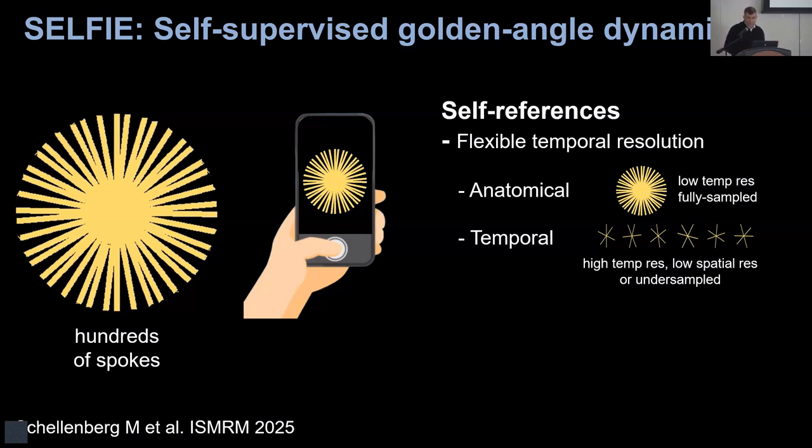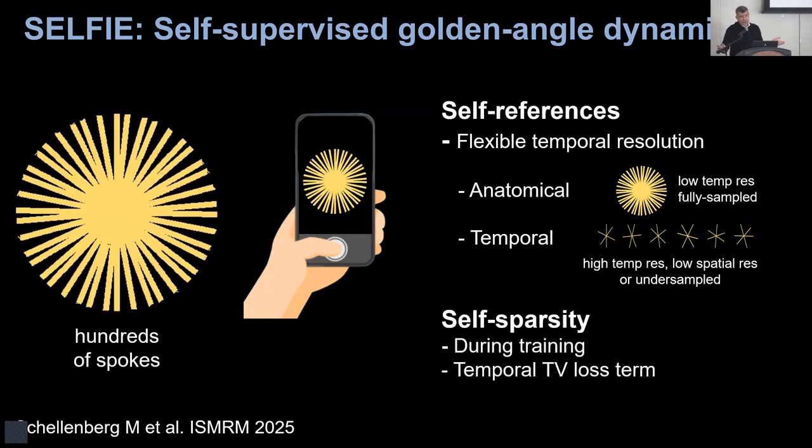Those can be extracted directly from the data. The first one, the anatomical reference, is fully sampled, so no streaks, but it's not going to have any dynamic information. The other one will have the full temporal resolution, but it's going to lose some spatial features. We'll see how to combine them in order to self-supervise the reconstruction.